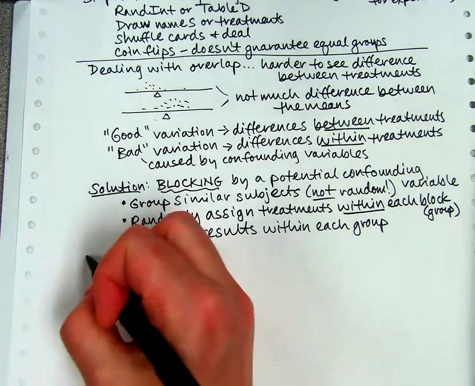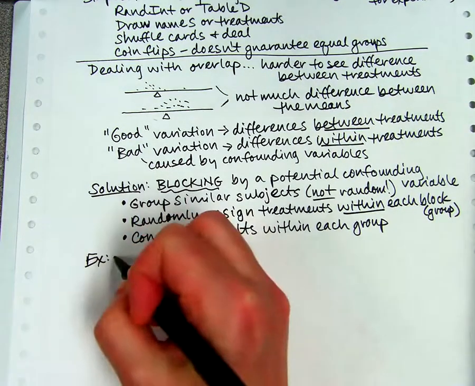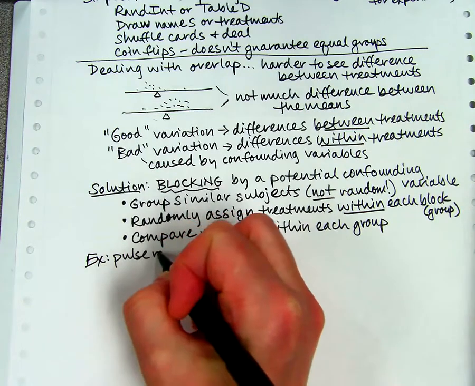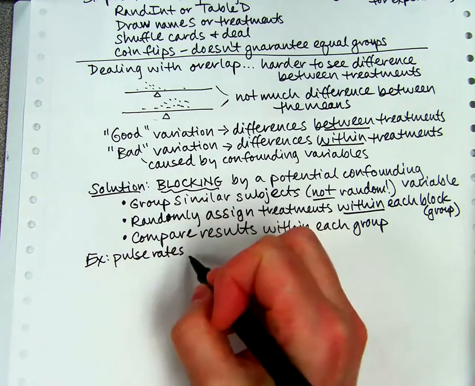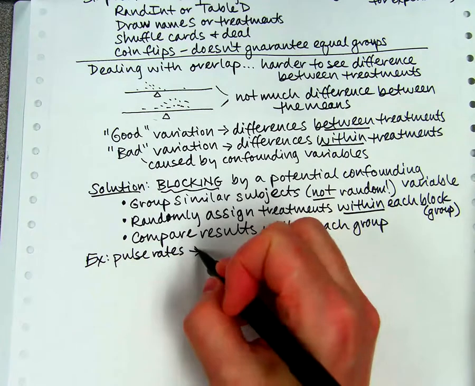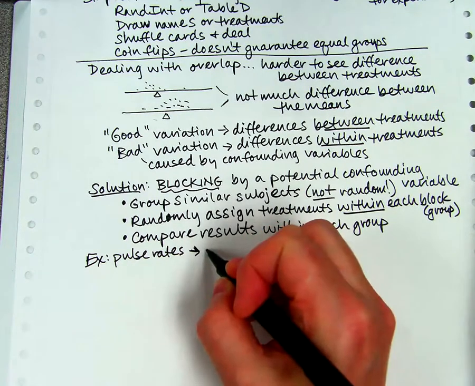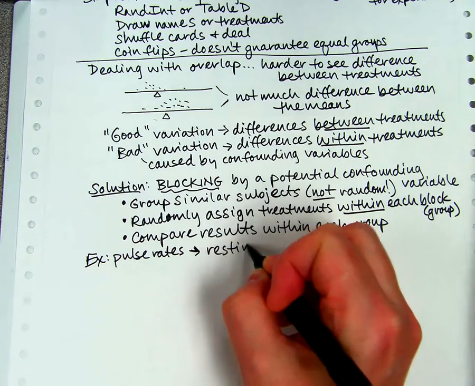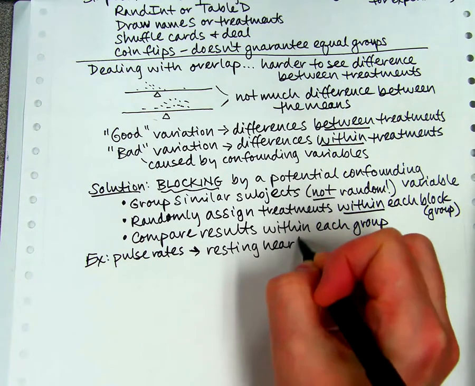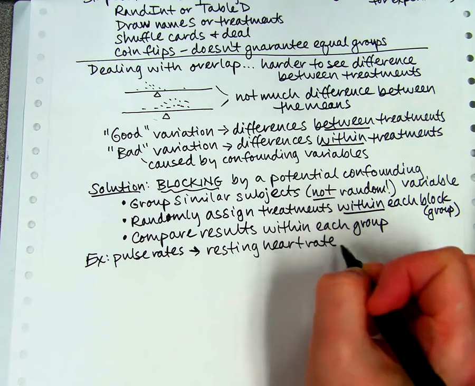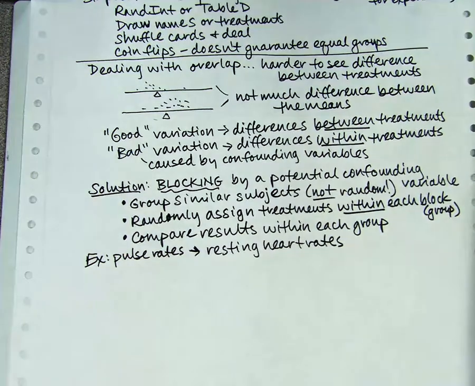So let's do an example with the pulse rates that we saw in the warm-up. We could, instead of exercisers and non-exercisers, start with your resting heart rates. So everybody takes their heart rate or pulse rate just sitting, right?